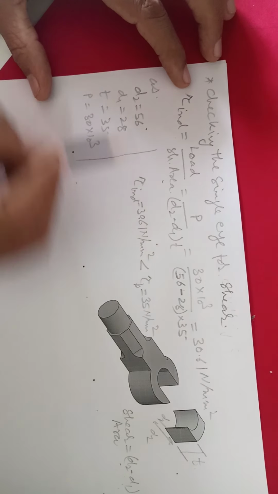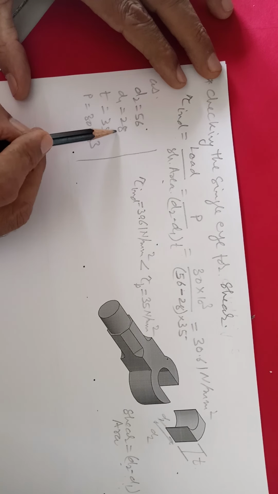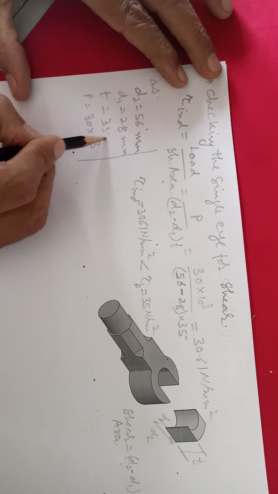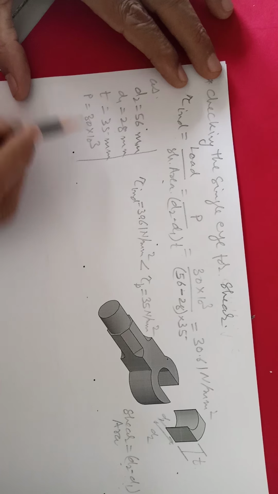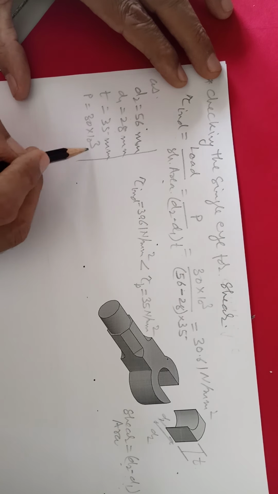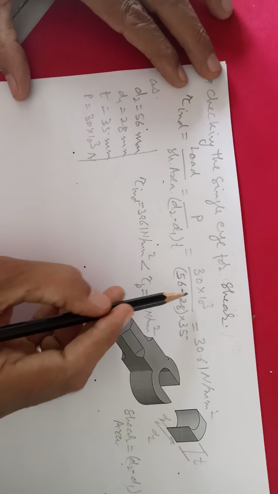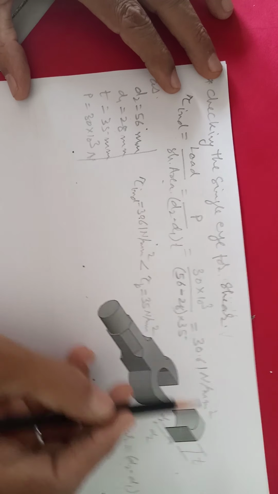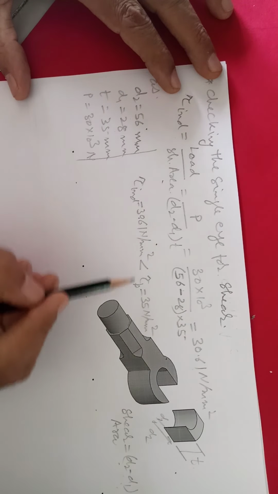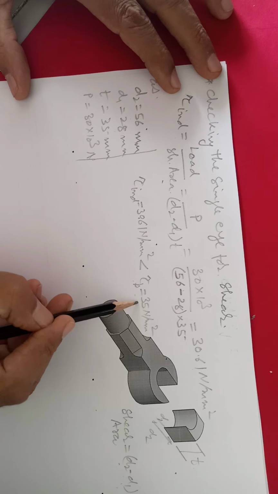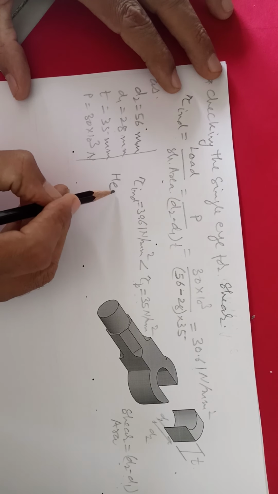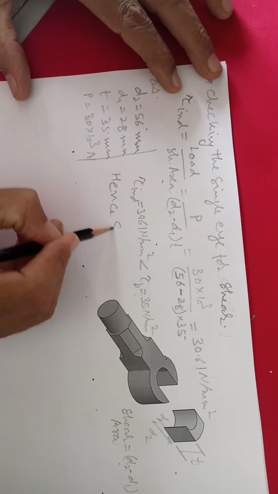So putting the value of d2 as 56, d1 equal to 28 millimeter, and t equal to 35 millimeter, and load is 30 kilonewton or 30 into 10 raised to 3 Newton, we will get tau induced is equal to 30.61 Newton per mm square. The value of tau induced is less than the tau permissible, that is given as 35 Newton per mm square. Hence safe.